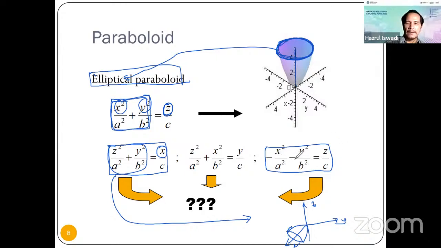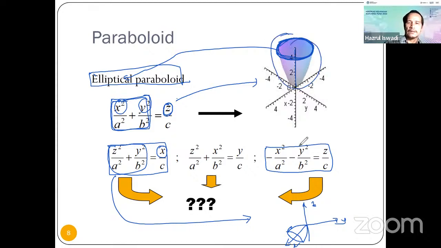The negative means that the drawing of this equation has the opposite direction from the positive symbol. For example, we know from the previous illustration that this equation can be drawn like this.